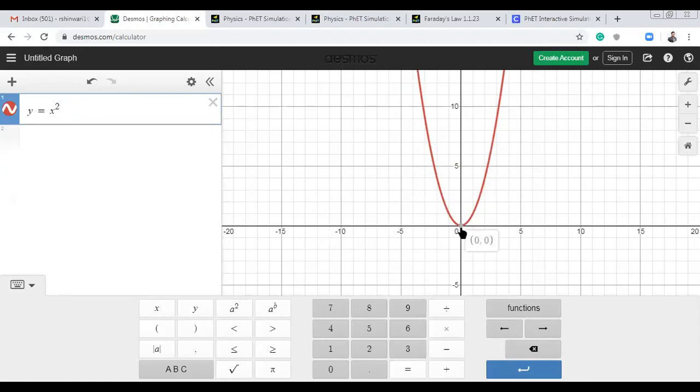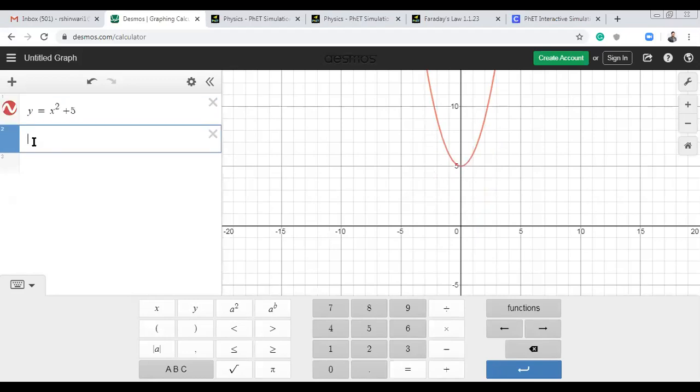This vertex point is 0, 0. If you add plus 2, it will shift 2 units upward, 0, 1 and 2 units. If you add 4, it will shift 4 units upward. Same, if you add plus 5, you shift this graph 5 units upward. Correct?